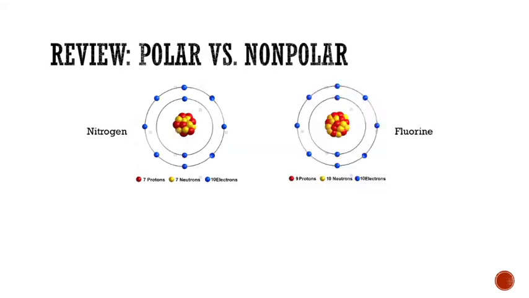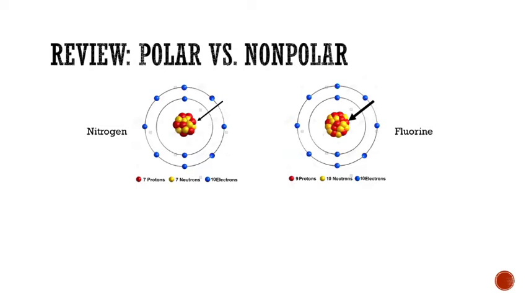Say you have a full valence electron shell for both nitrogen and fluorine: nitrogen only has 7 protons, so there's a weaker attraction to each electron than fluorine, which has 9 protons, so there's more of a positive charge that will attract the electrons closer to the nucleus of fluorine.